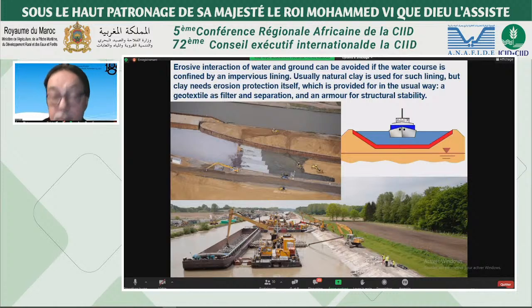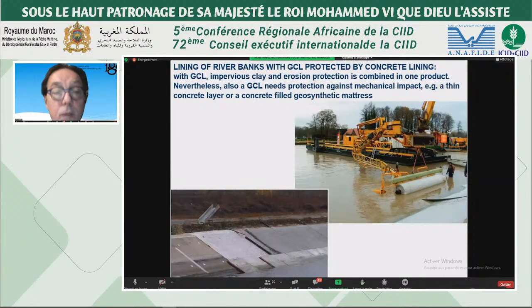Donc, c'est une espèce de membrane qui va être étalée pour justement prévenir cela. Alors, l'alignement des bords de la rivière avec le GCL protégé par un alignement de béton armé, mais il faut qu'il y ait aussi une protection mécanique.